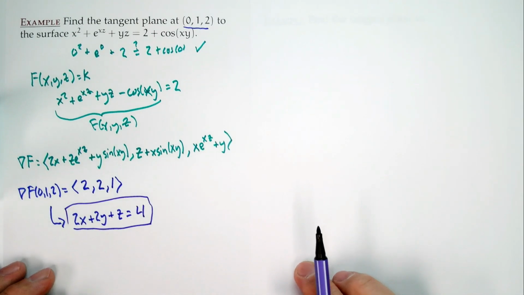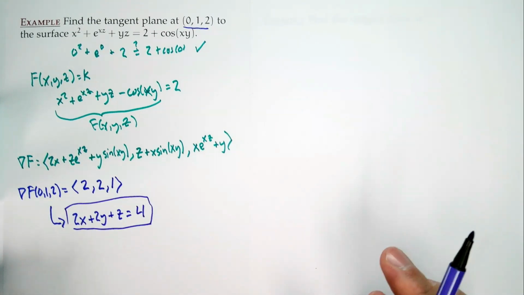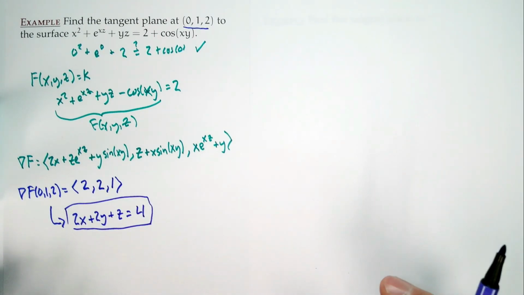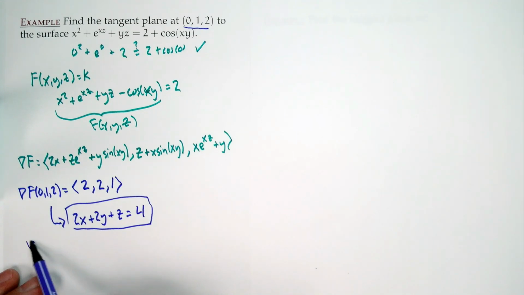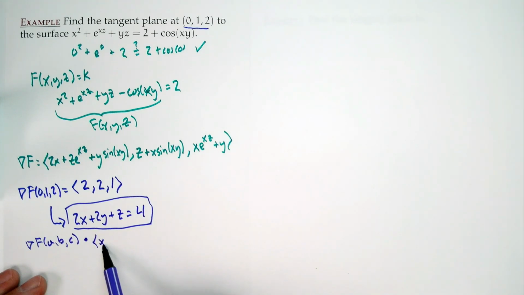Well, that's not the only thing we could do. We could do other things. So what are some other things we could do? Well, we could say the following. Remember, what do you have? The gradient of f at a, b, c dotted with x minus a, y minus b, z minus c is equal to 0.